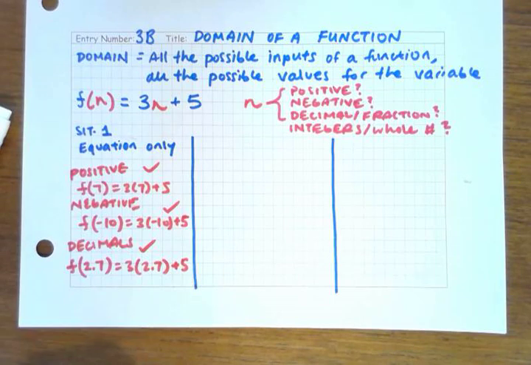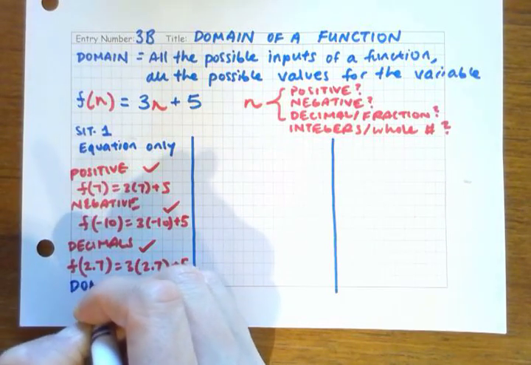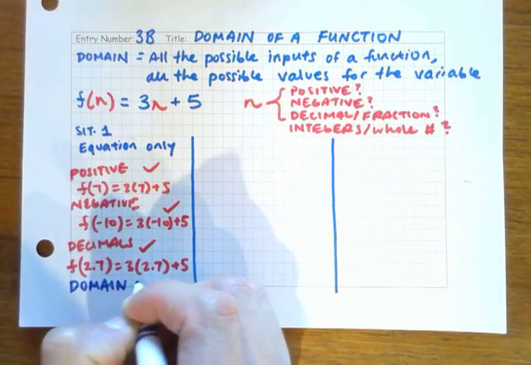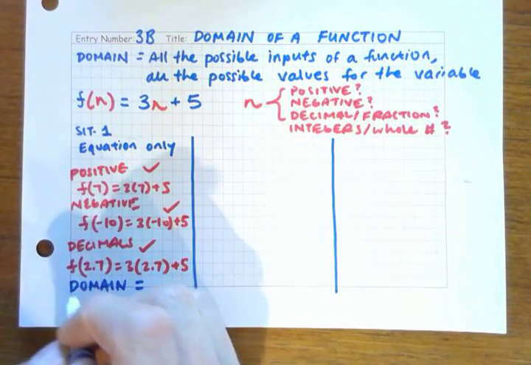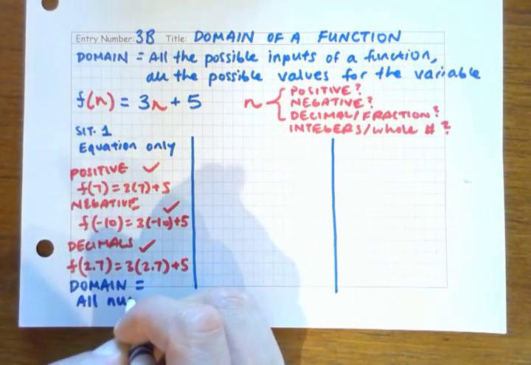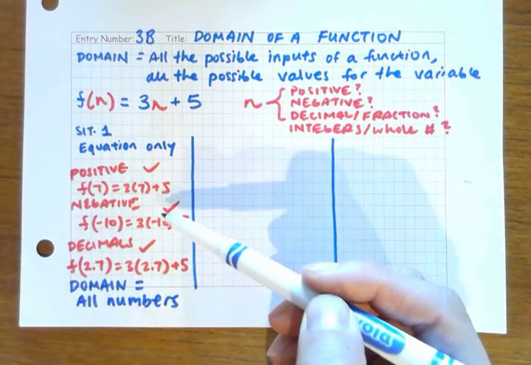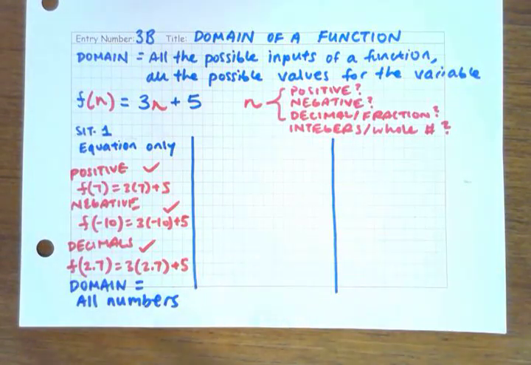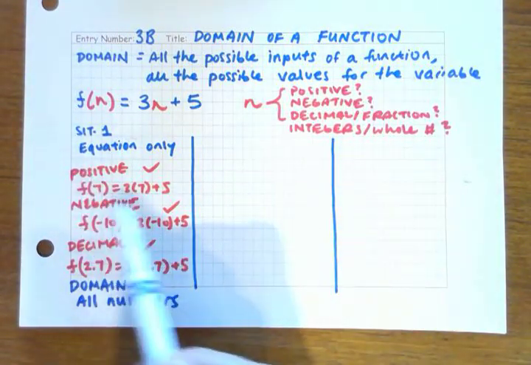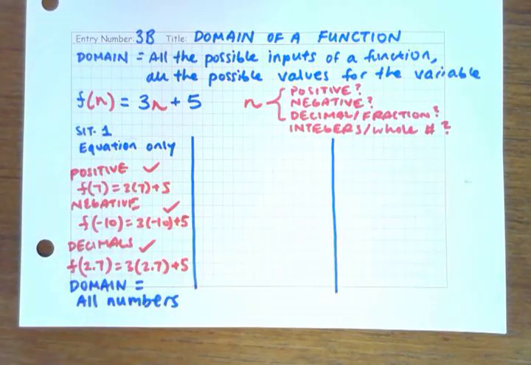So then that's why, if it's just this equation right here, I can say that the domain is equal to all numbers. Because they can be positive, they can be negative, they can be decimals, they can be whole numbers. Any number works for n, substituting it in and evaluating for this function.